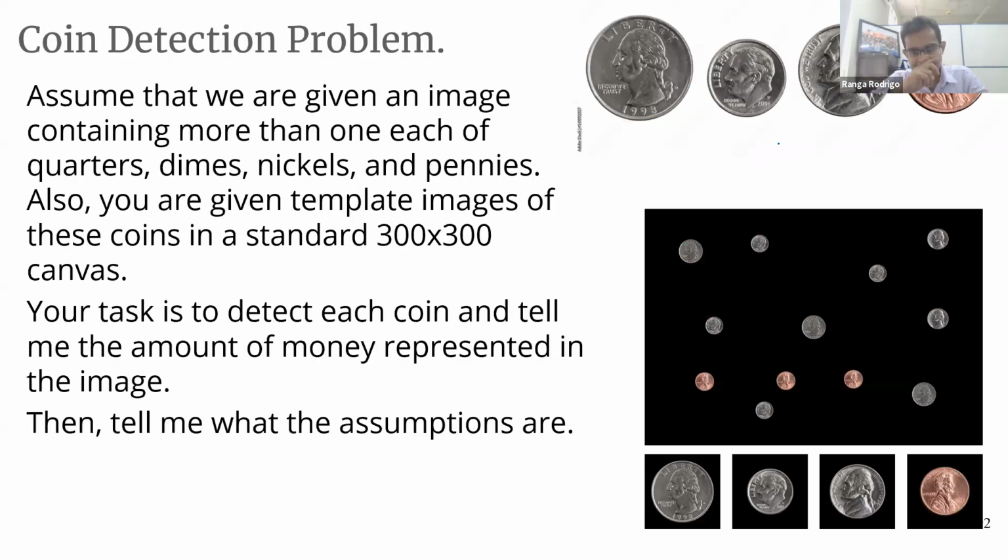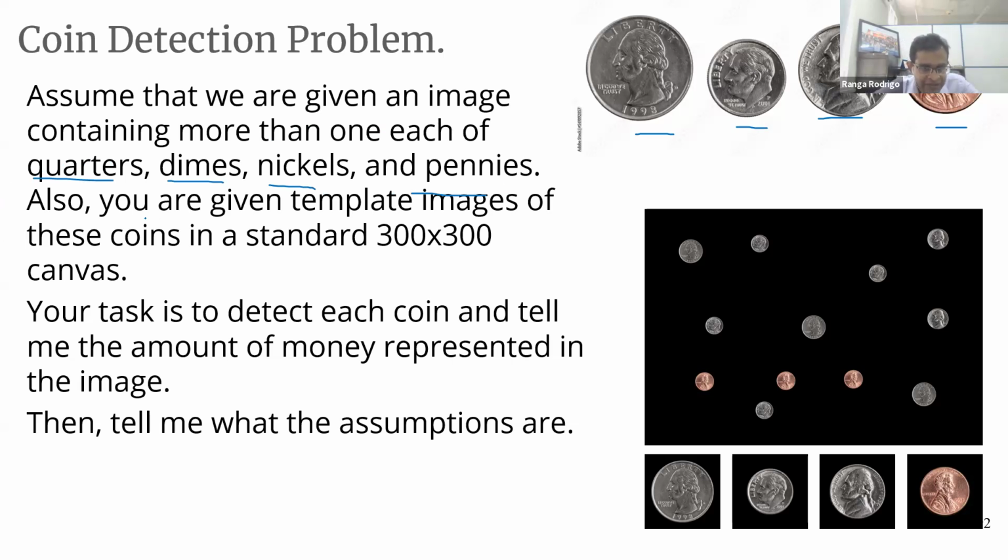Now, if you wish, you can use this to detect coins. So I have some coin images if you like. This is called a cent. This is 1 cent coin. This is 5 cents, 10 cents, and a quarter. So these are called quarters, dimes, nickels, and pennies.